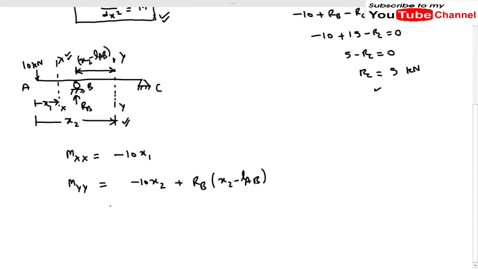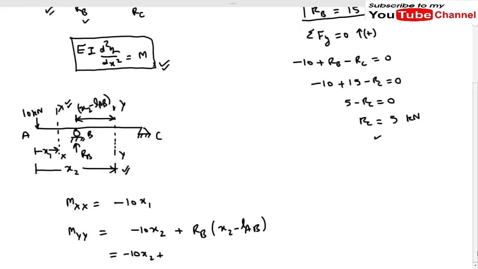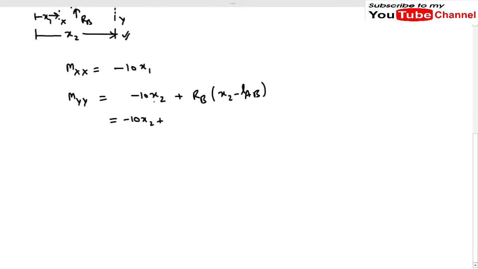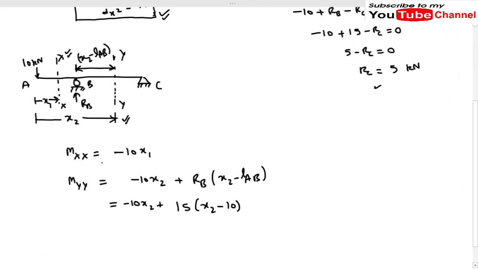Let me write it down here: minus 10 x2 plus RB, and the value of RB was 15 kilonewtons, so 15 (x2 minus 10). Very simple. Now we have the bending moments at section xx and section yy.